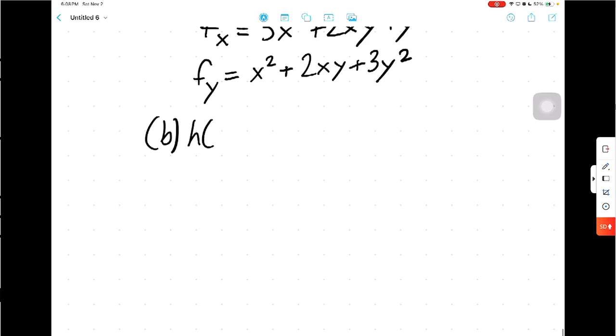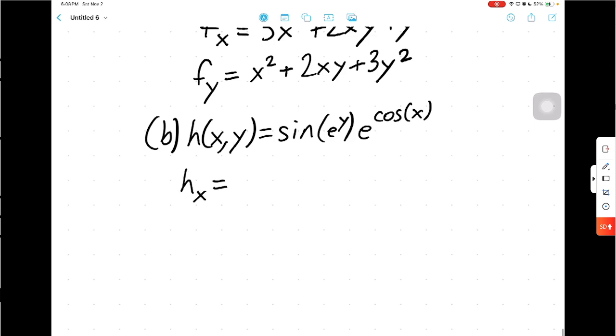B. h of xy is equal to sine of e to the y, times e to the cosine of x. So for h of x, the sine of e to the y is a constant. And then we're going to take the e to the cosine x times the derivative of the inside.